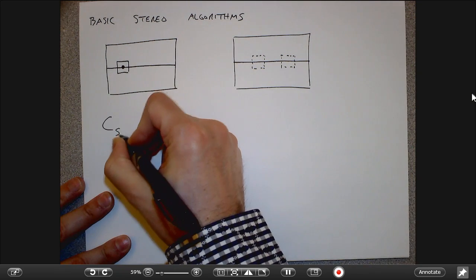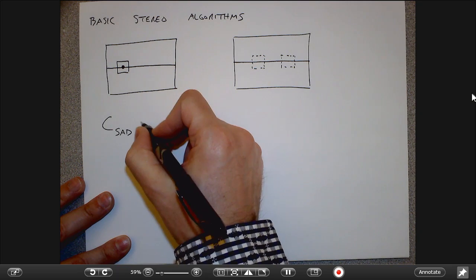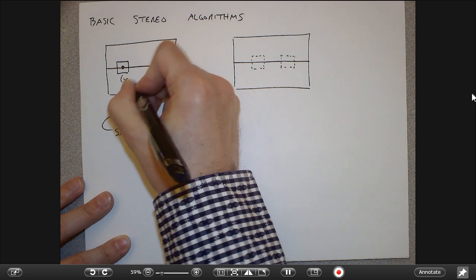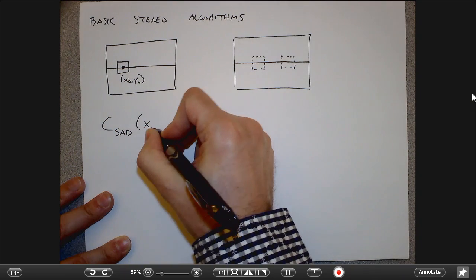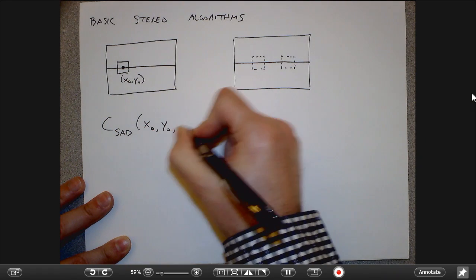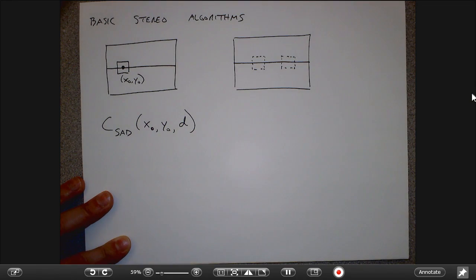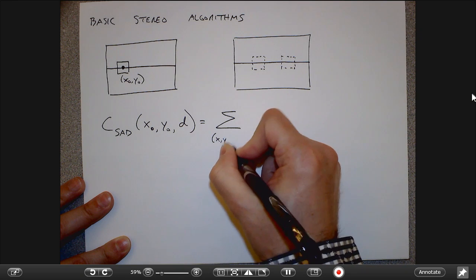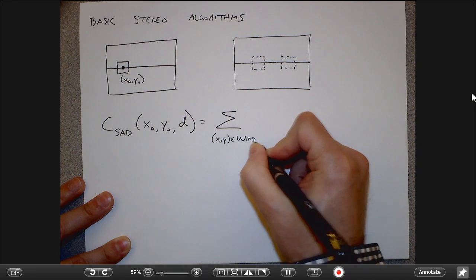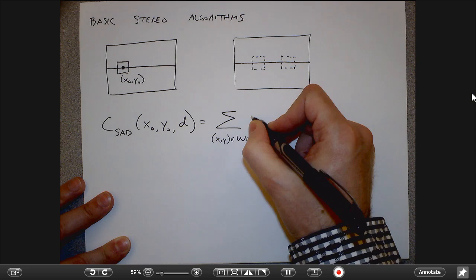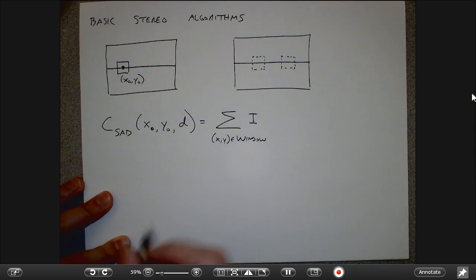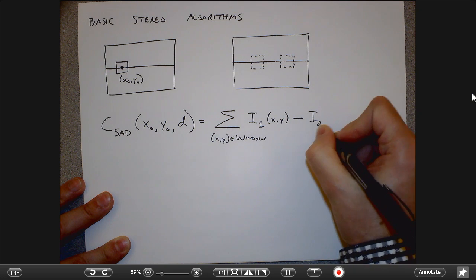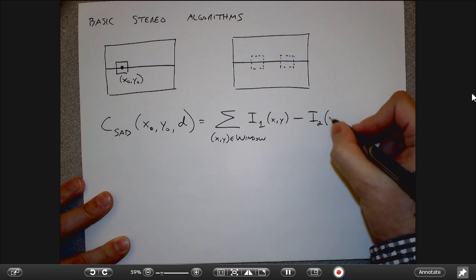So the sum of absolute distances is, for a point over here, let's call this point x0, y0. If I start at this point in image 1, and I'm looking at this candidate D, what I would do is look at the sum over all the pixels in some window around D, the difference between the pixel over here and some pixel over here.